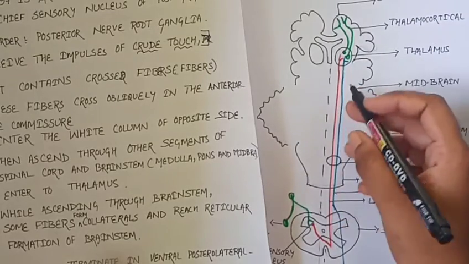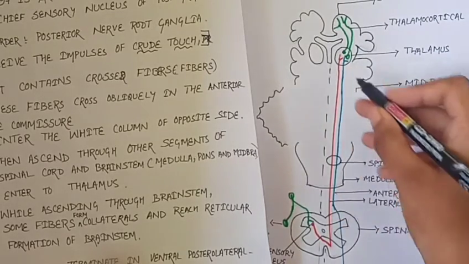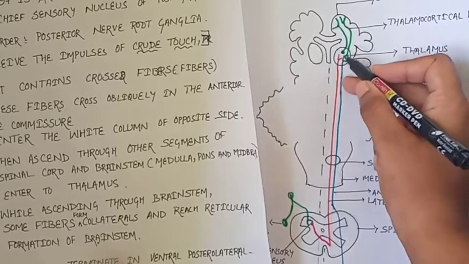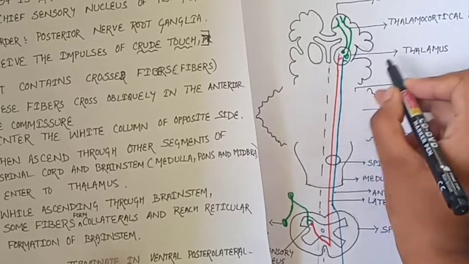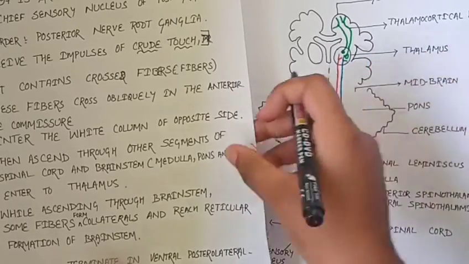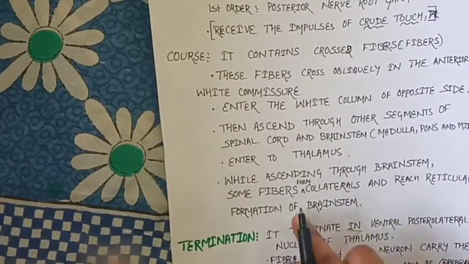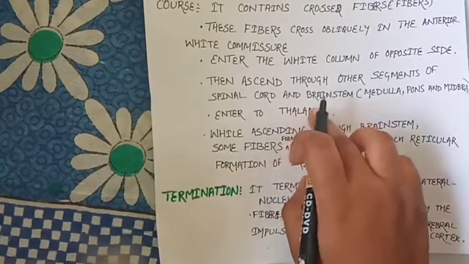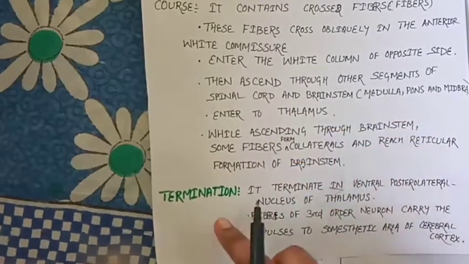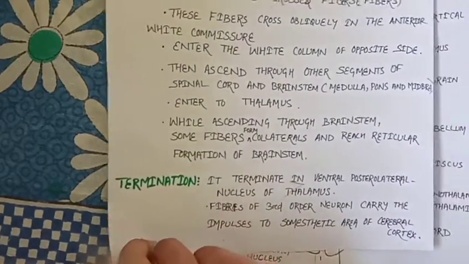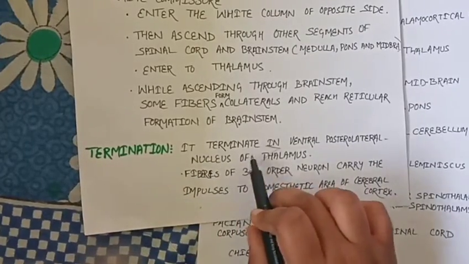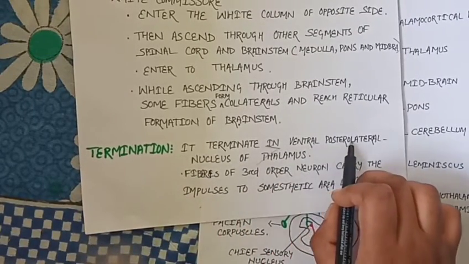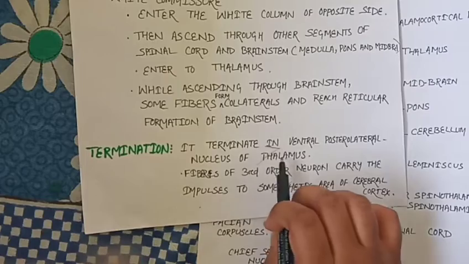So the anterior spinothalamic tract now synapses in the thalamus. We discussed how they reach and enter the thalamus. We now discuss the termination part. So how does it terminate? It terminates in the ventral posterolateral nucleus of the thalamus.